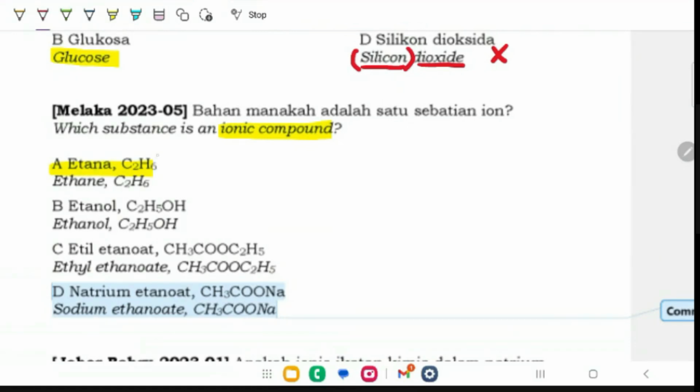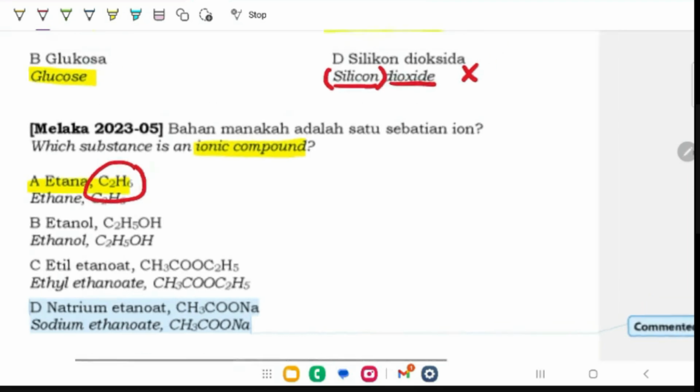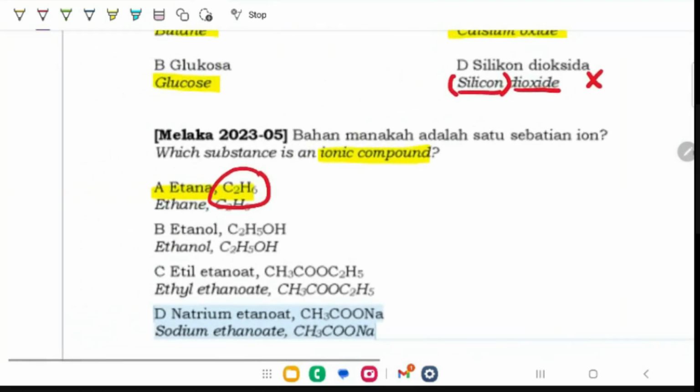If you are given the formula, it is even easier. You will see C2H6. C is carbon, H is hydrogen. So non-metal, so covalent. And also one word, right? One word, so confirm it is covalent.